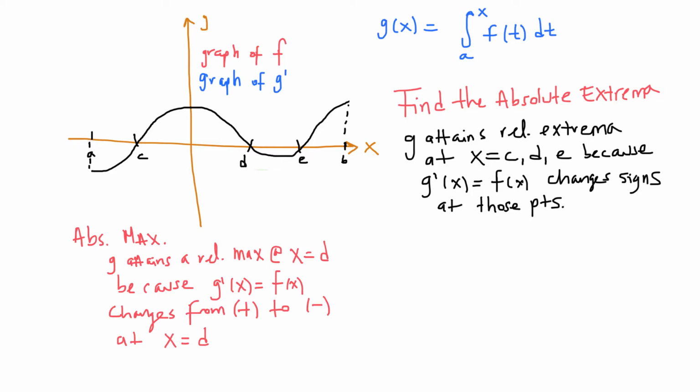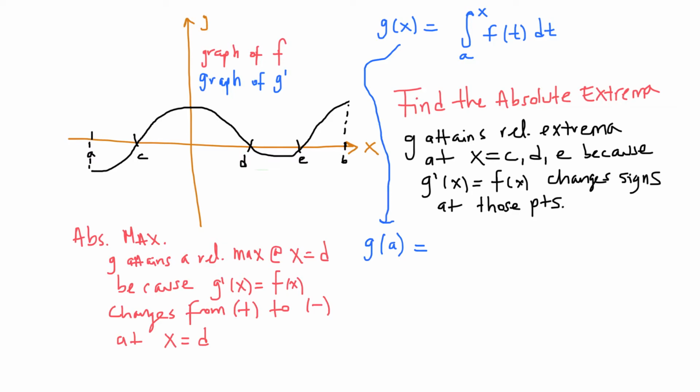Okay? So I'm going to find g of, let me start with my endpoint A. G of A. I'm trying to compare my endpoint to my critical value and then back to my other endpoint. So then remember, g of x is over here.